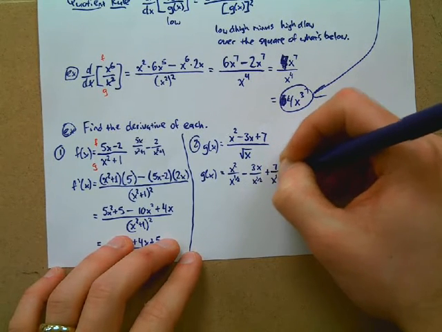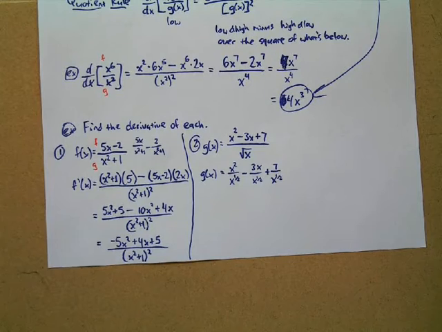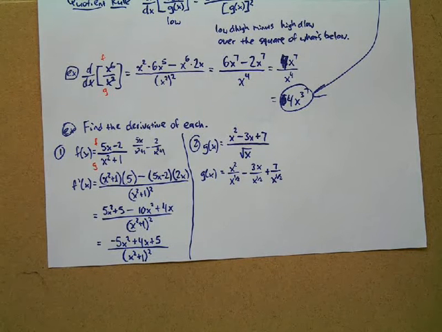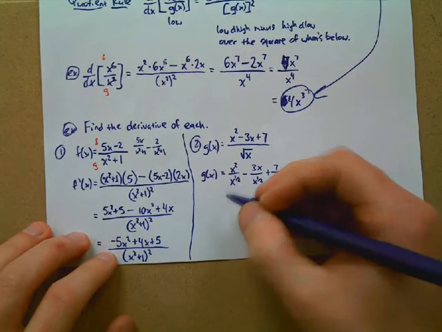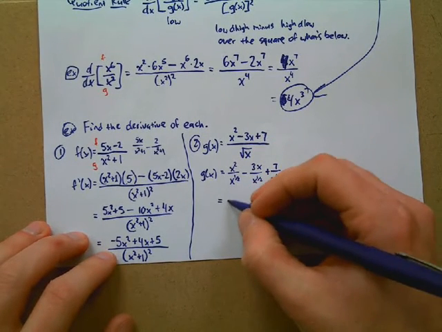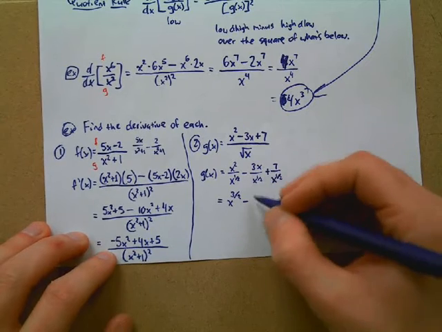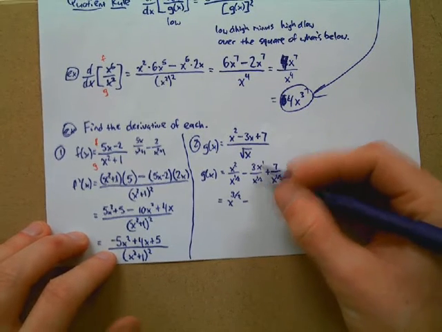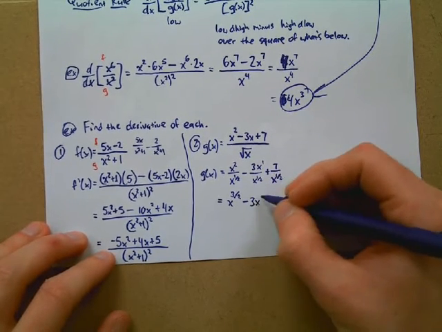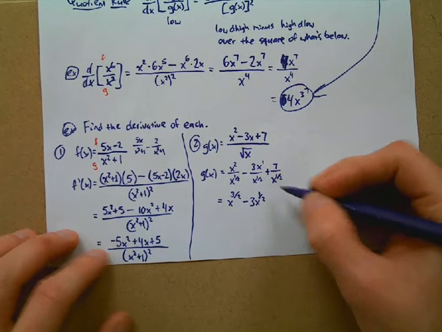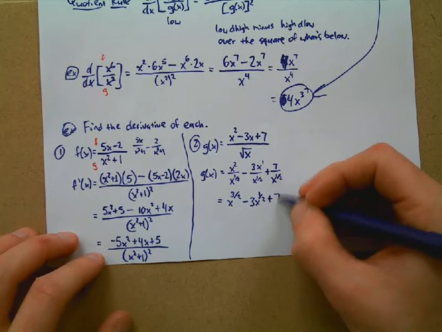X squared over x to the 1/2, well, they have the same base, we just subtract the exponents, and so it becomes x to the 3/2. 3x divided by x to the 1/2, again same base, subtract the exponents, we have 3x to the 1/2, and then 7 over x to the 1/2, we can rewrite that as 7x to the negative 1/2. And so we can avoid the quotient rule altogether here, because we can break that numerator up over the denominator and actually simplify it.